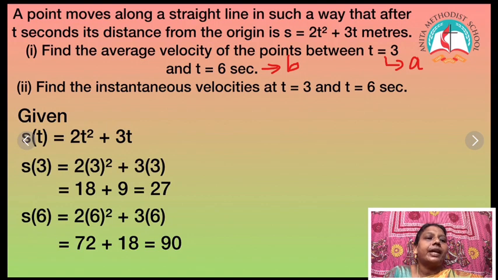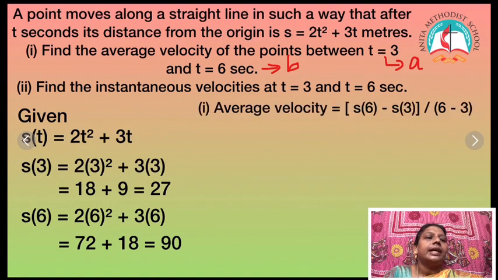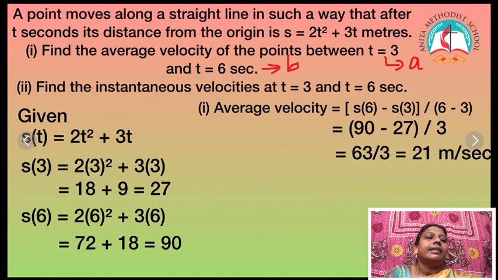Now I find the average velocity. Average velocity is equal to S of 6 minus S of 3 divided by 6 minus 3. Simplifying that, I get the value 21 meters per second. That is the average velocity.